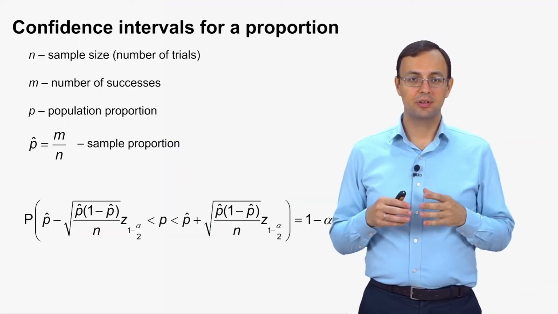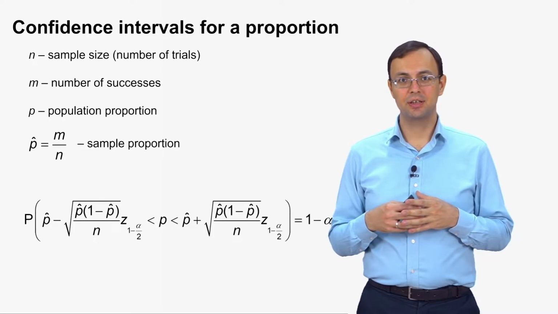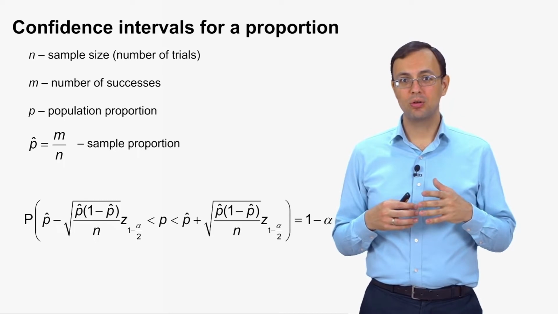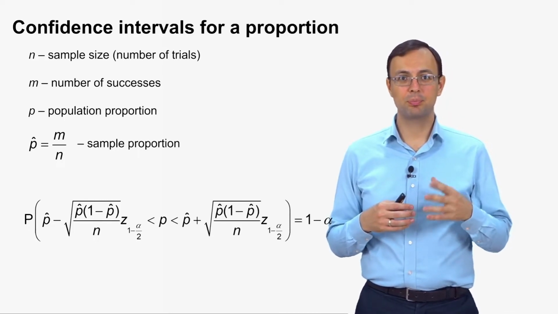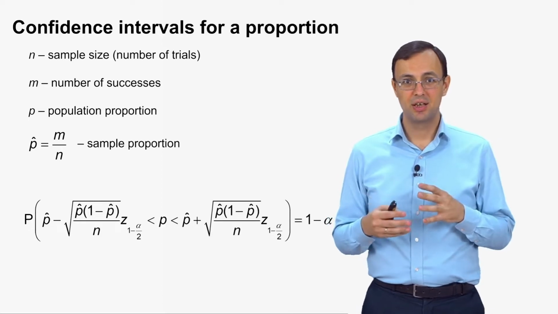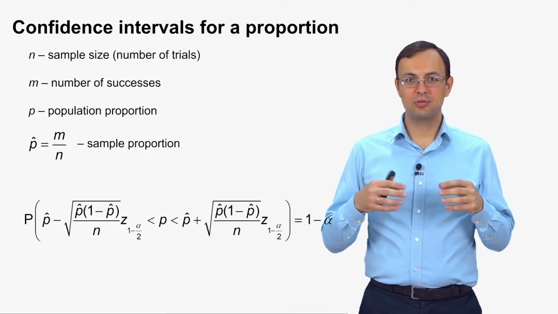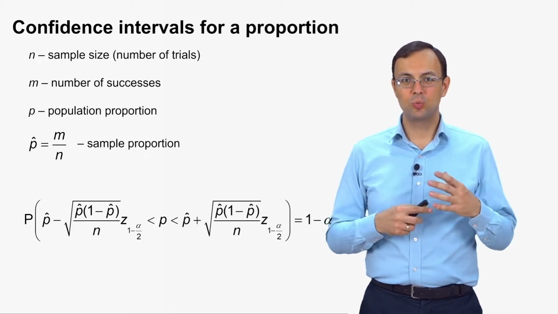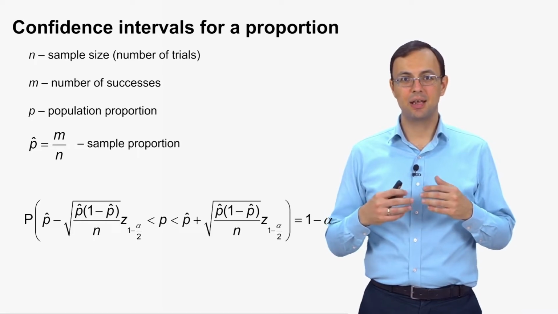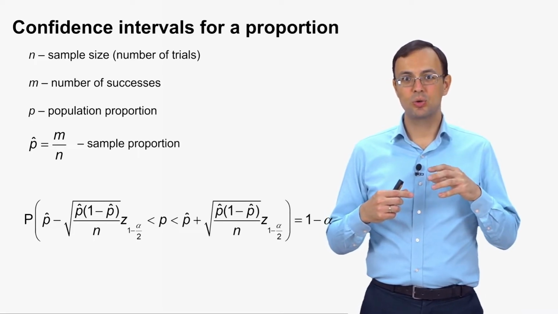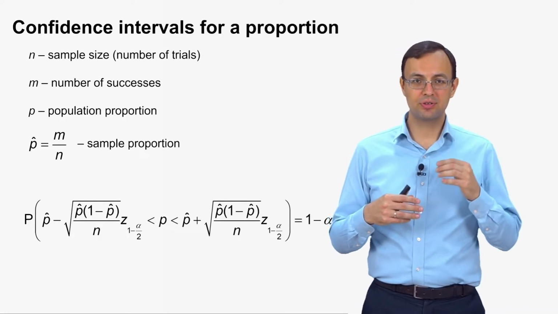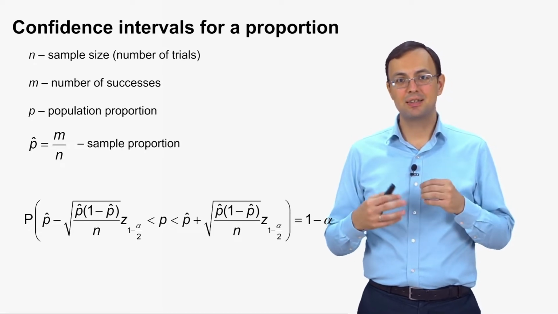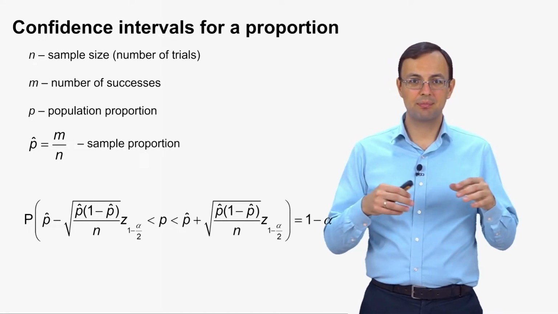The third parameter that is usually estimated with a confidence interval is what we call a population proportion, or a probability of some event. Actually we can look at this situation from two different viewpoints. Either we can say that what we are estimating is a proportion, for example, a proportion of voters who support some political party, or a proportion of defective items in the production of some factory.